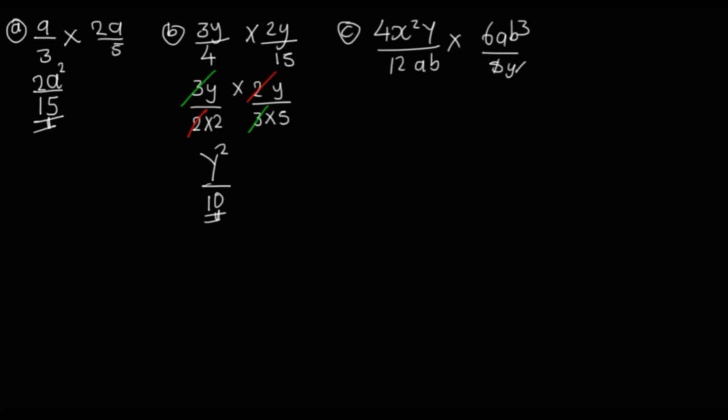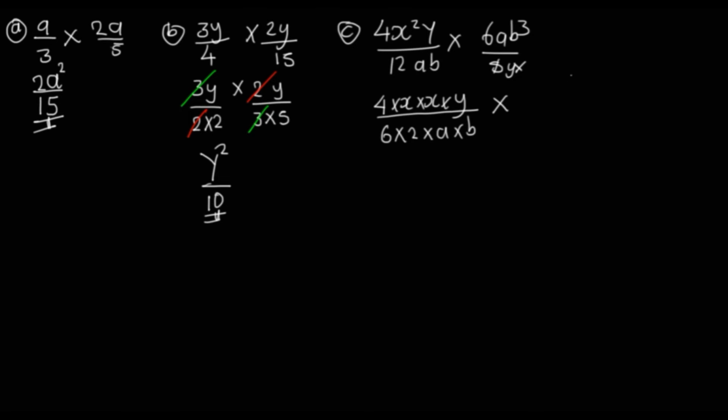Now let's look at question C. Question C also, we are going to do some expansion and cancel the common factor. So here we are going to say 4 times x, since we have x squared times y over. Then we can see that 12 is the same as 6 times 2, then multiplied by a times b.